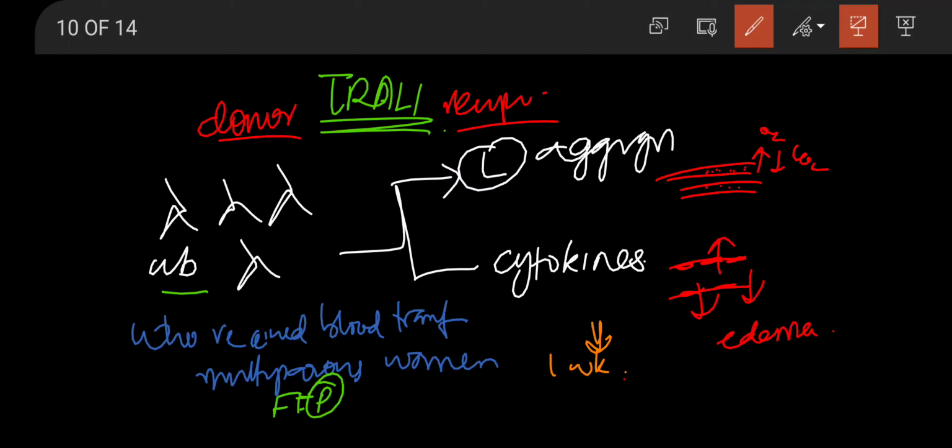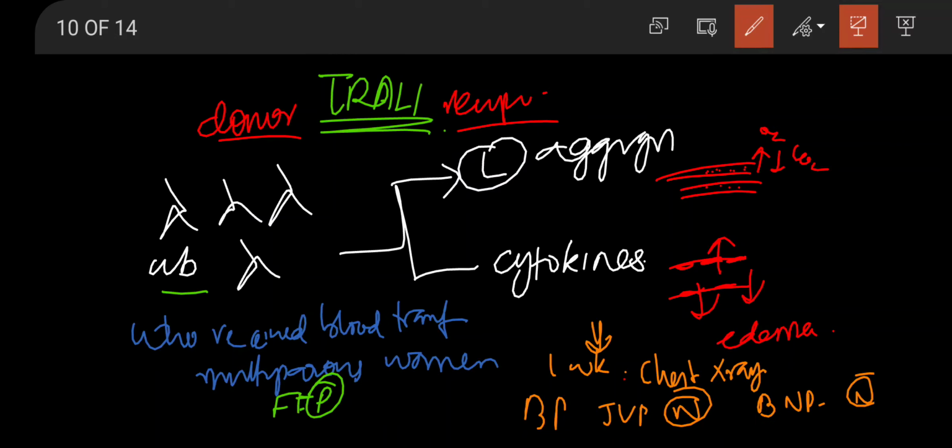So chest x-ray will be abnormal. In the chest x-ray you can see bilateral infiltrate. Blood pressure and JVP will all be normal. BNP is also normal. Why am I saying this?